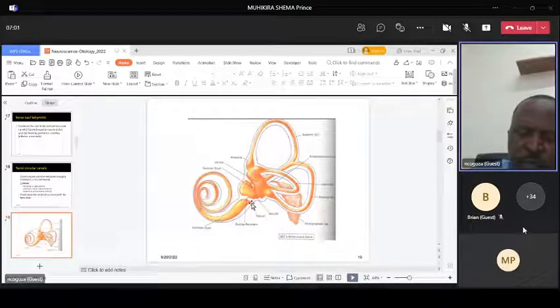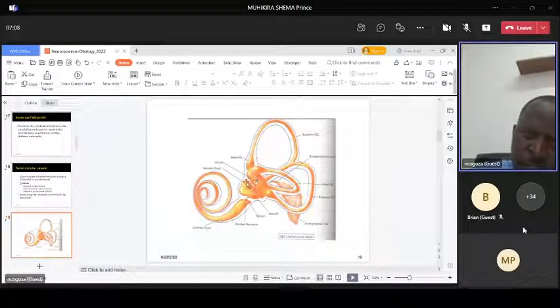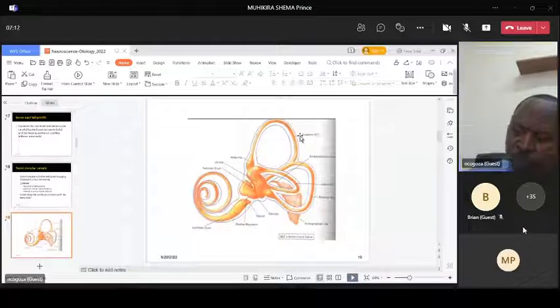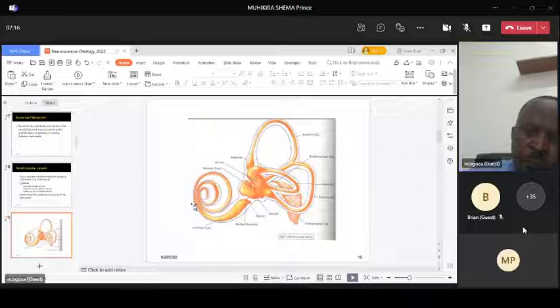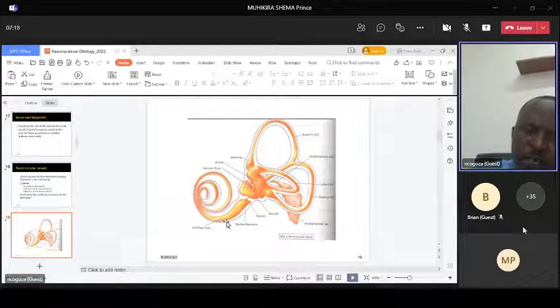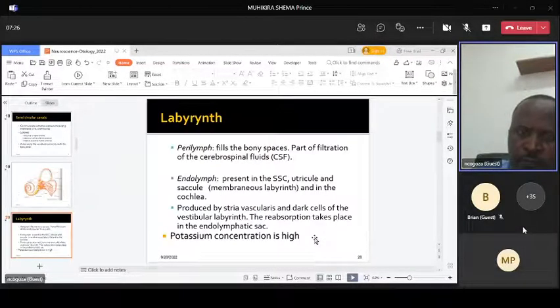So the semicircular canals and the utricle and the saccule, which is the vestibule, will be responsible for balance, and the cochlea is responsible for hearing, and we are going to see that later.